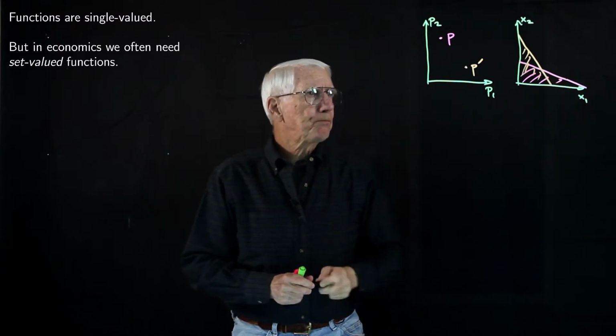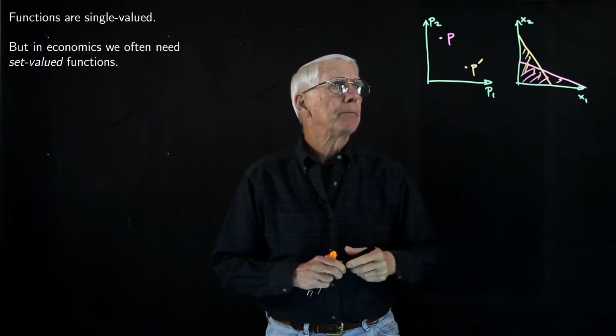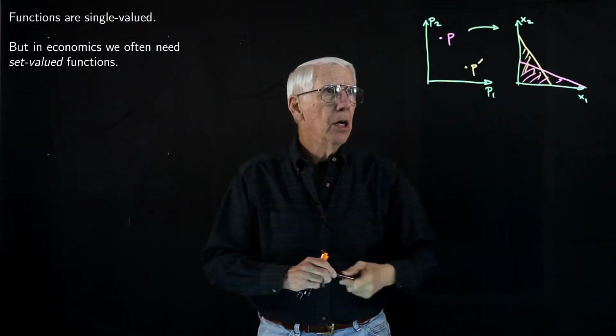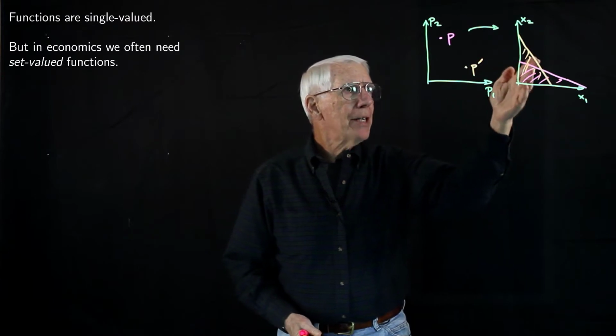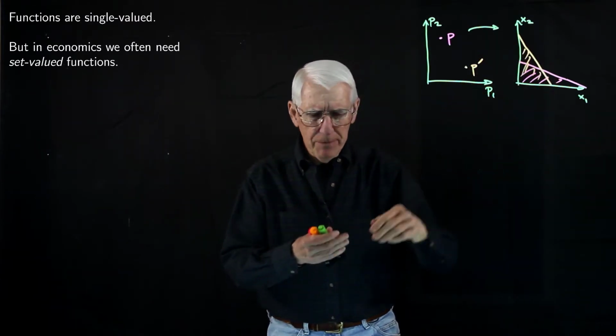And so in particular then, we have a kind of a function, if you like, going from price lists not to points in R2 plus over here, but to subsets.